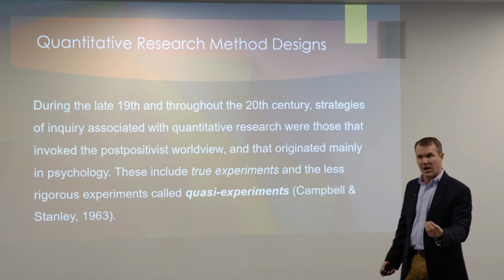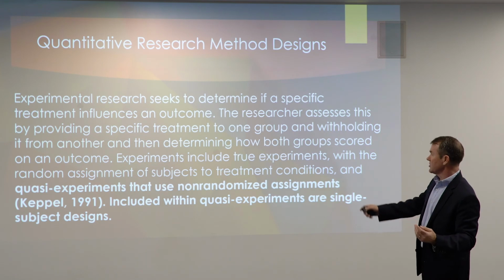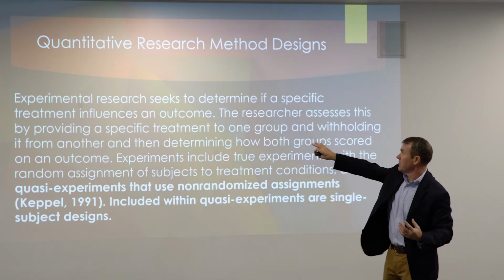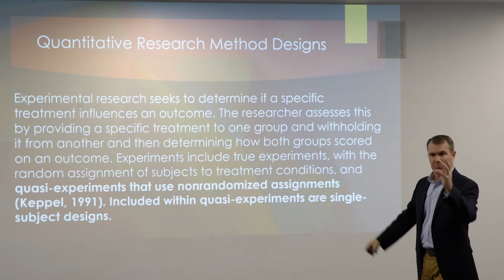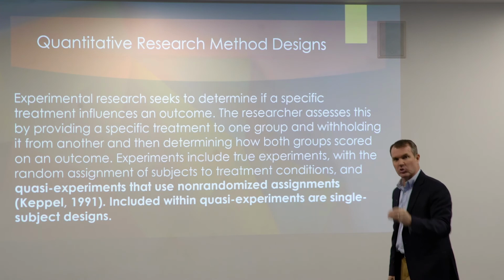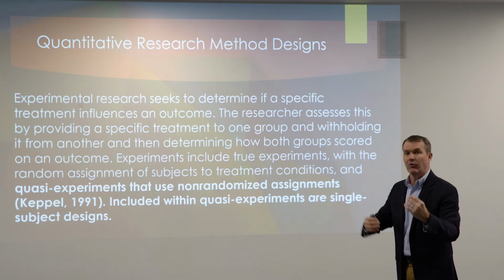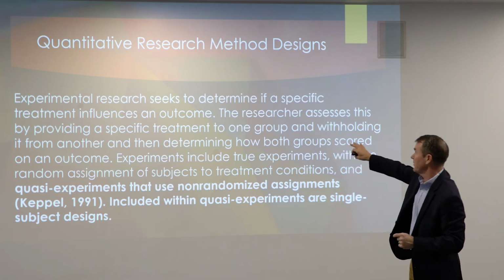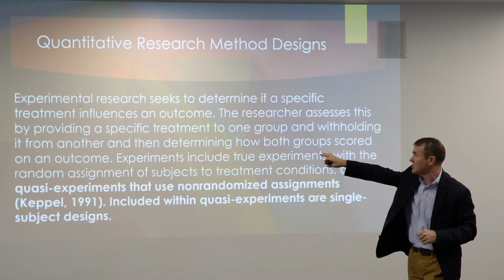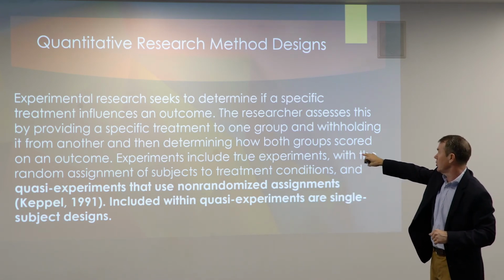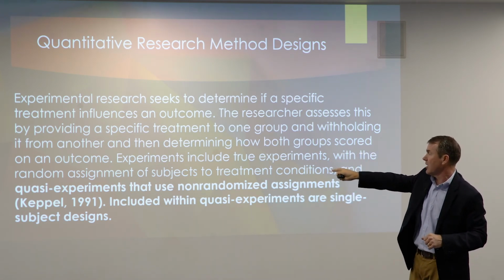So what does quasi mean? Well, good question. If you look down here, it tells you that experimental research seeks to determine if a specific treatment influences the outcome. So does this treatment, this variable, improve or disprove? Is it an advantage or disadvantage to this population group? The researcher assesses this by providing a specific treatment to one group, withholding it from another group, and determining how both groups score on an outcome.